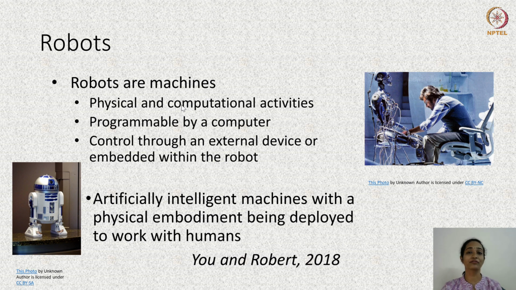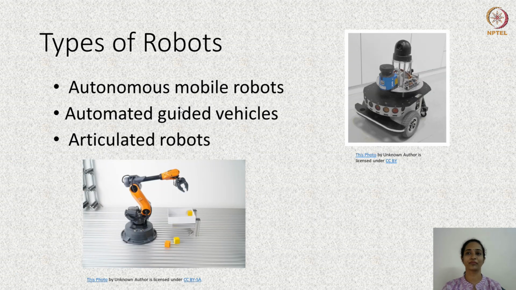Let us see what are the different kinds of robots. The first set of robots which I am presenting here do not look like human beings. Autonomous mobile robots are capable of movement. They have a host of sensors and cameras which gather a lot of information about the environment and convey it to the robot. The robot analyzes this and uses this information to decide its next action.